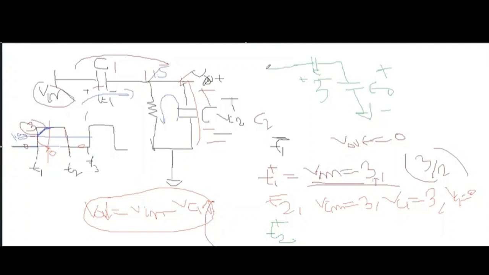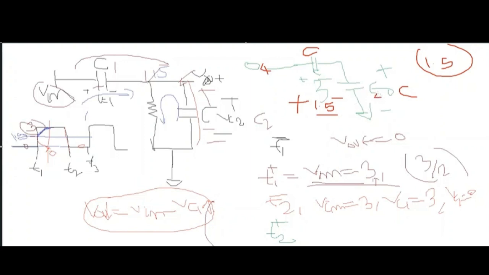Because of that, again an infinitely large current flows through these capacitors, and this 3 volt is divided between this capacitor and that capacitor, so this becomes 1.5 only. The polarity will be like that, because this is high, so this will be 1.5 only. This is the ground, so this becomes minus 1.5.